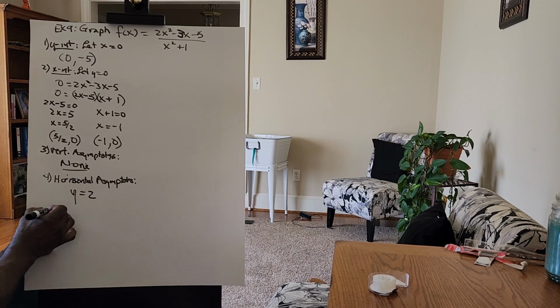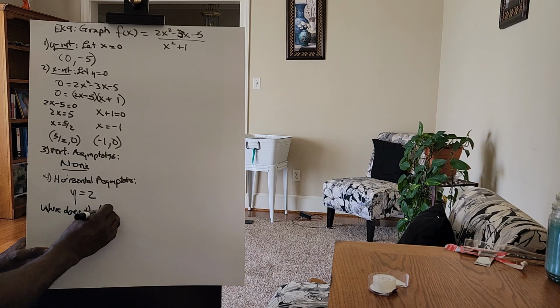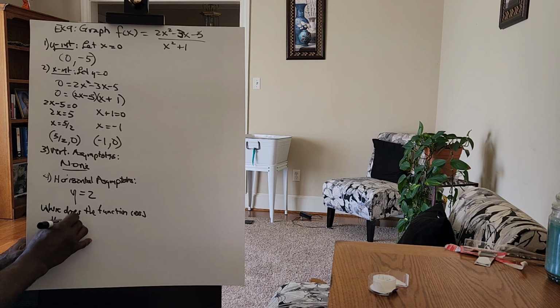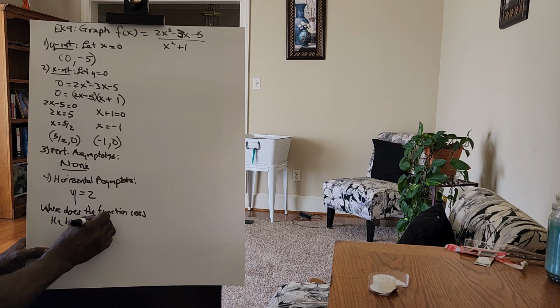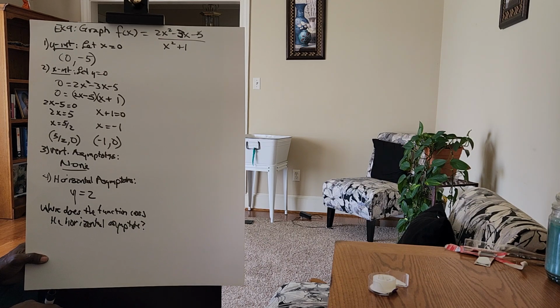So the question becomes now: where does the function cross the horizontal asymptote? I want to know, where does the function cross the horizontal asymptote?